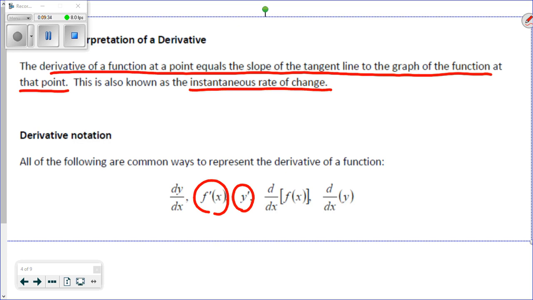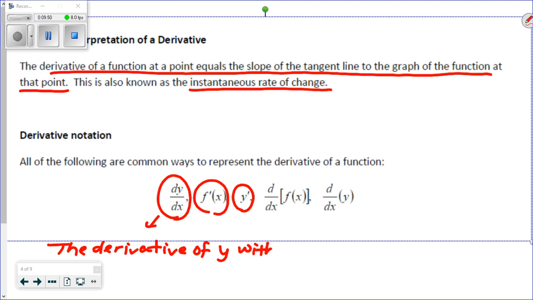Then we also sometimes use the notation dy/dx, which means the derivative of y with respect to x.